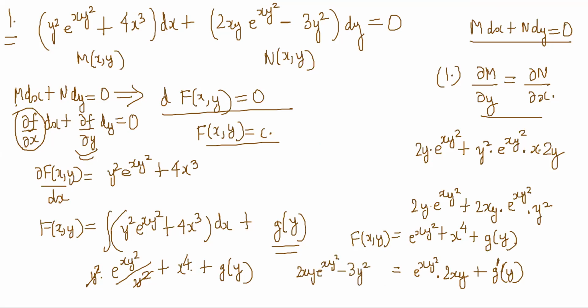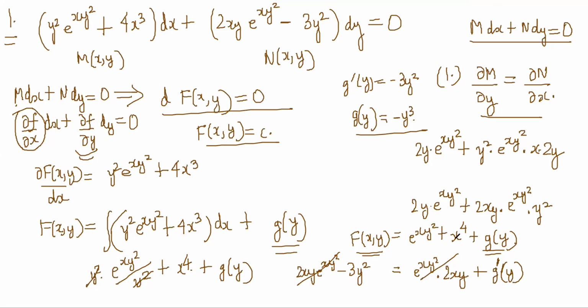So this gets cancelled, and g dash y is minus 3y square. This was with respect to y when I differentiated, so g dash is basically dou g by dou y. So g of y will be minus y cube, because of the integration of this.